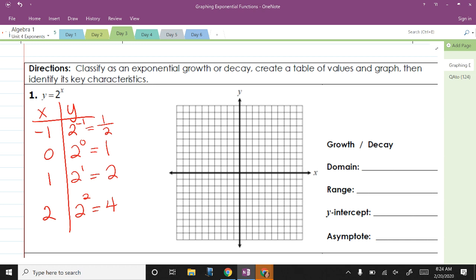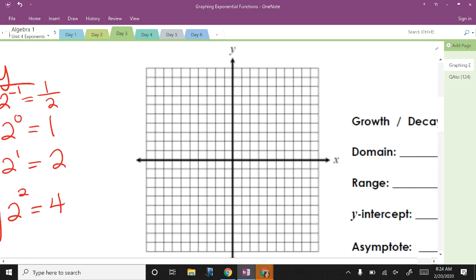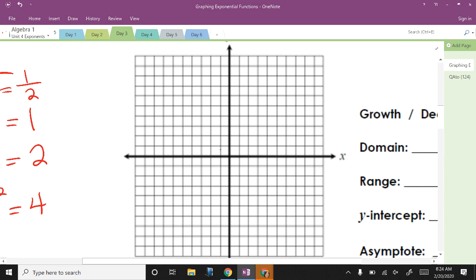Y'all with me? Okay, so you're going to graph those 4 points. How do we graph a half? All right, you're going to start at the origin, go left 1 because the -1 is the x value, and then you're going to go up halfway. If I zoom my graph a little bit, it might be better.